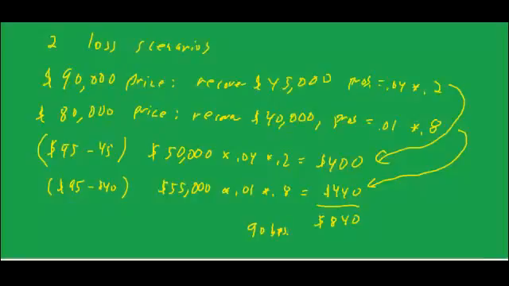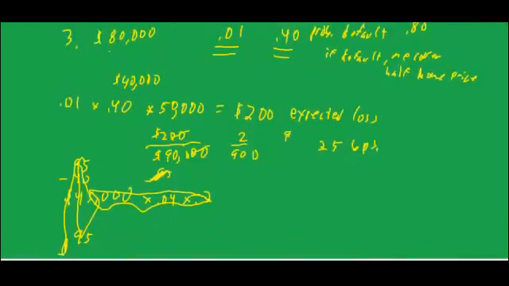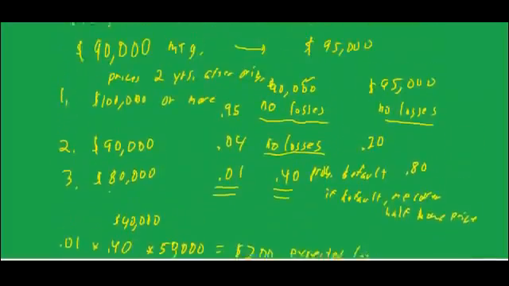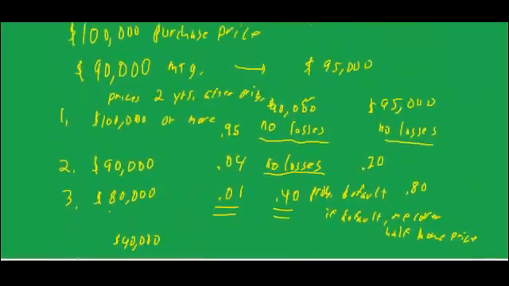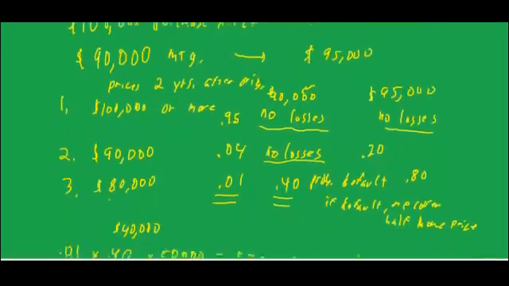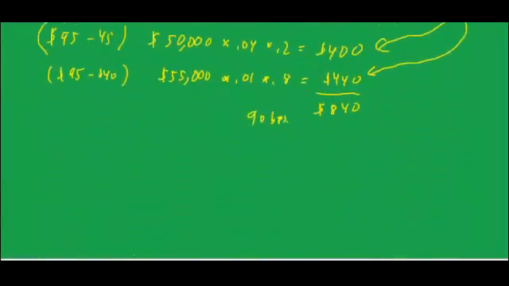So when we were doing it before, we got about 25 basis points for the $90,000 loan. We got closer to 90 basis points for the $95,000 loan.